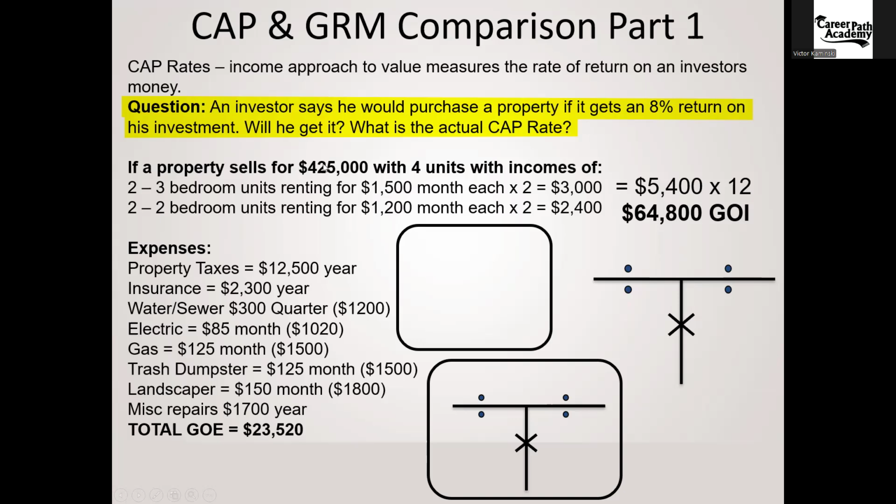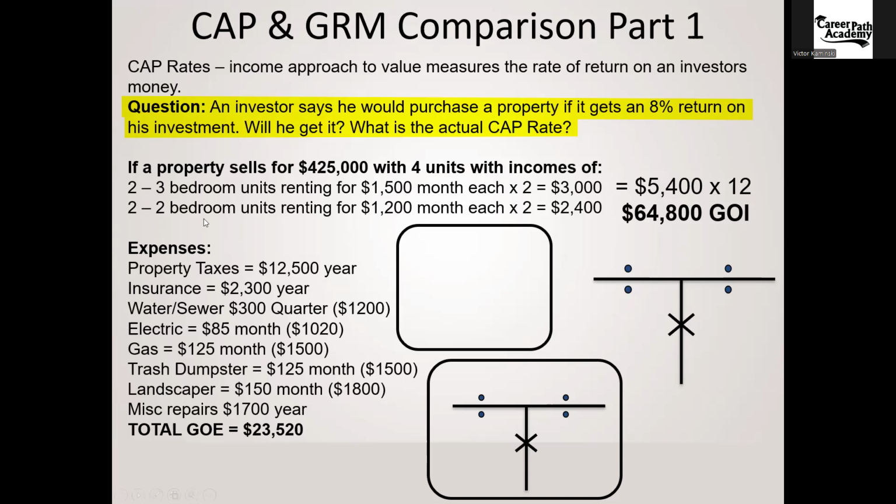If the property sells for $425,000 with 4 units with incomes of, well, we got 2 3-bedroom units renting for $1,500 a month each. Okay, obviously this is before property values got extremely inflated because these days, good luck getting a 3-bedroom for $1,500 a month, right?